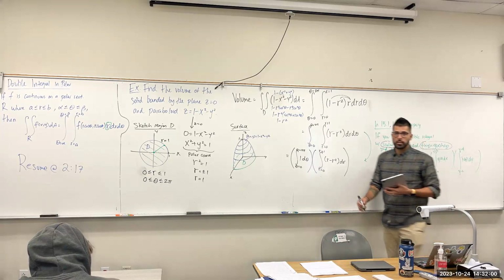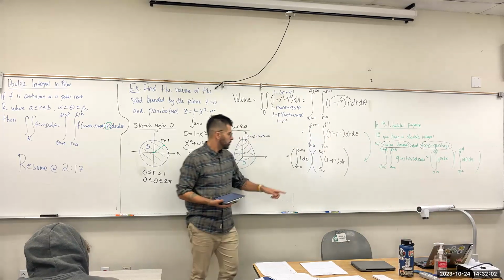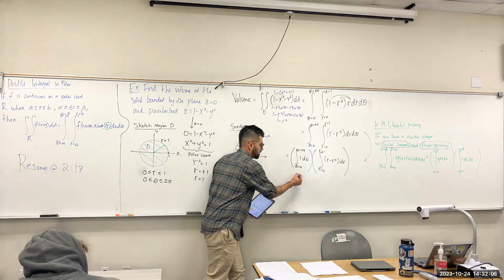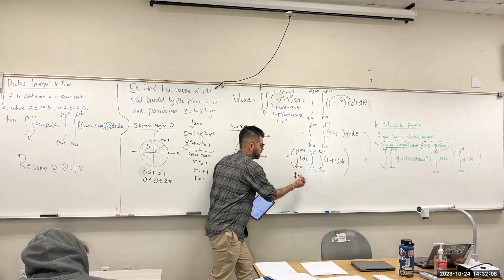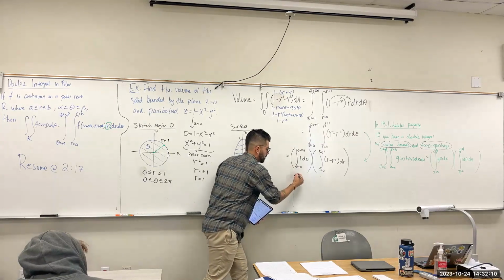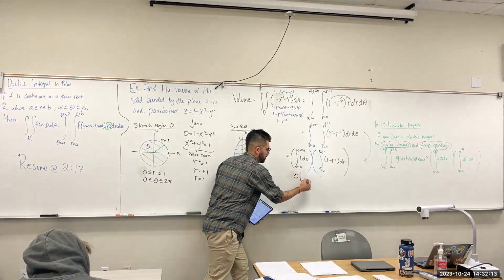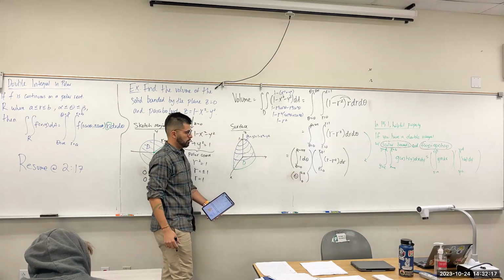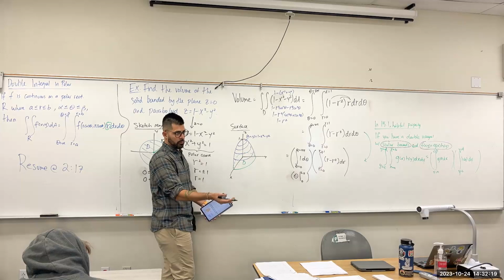Helpful, right? All these little nuggets. What's the integral of 1 with respect to theta? Theta, from 0 to 2 pi. So that's just going to be 2 pi minus 0, so it's just 2 pi.